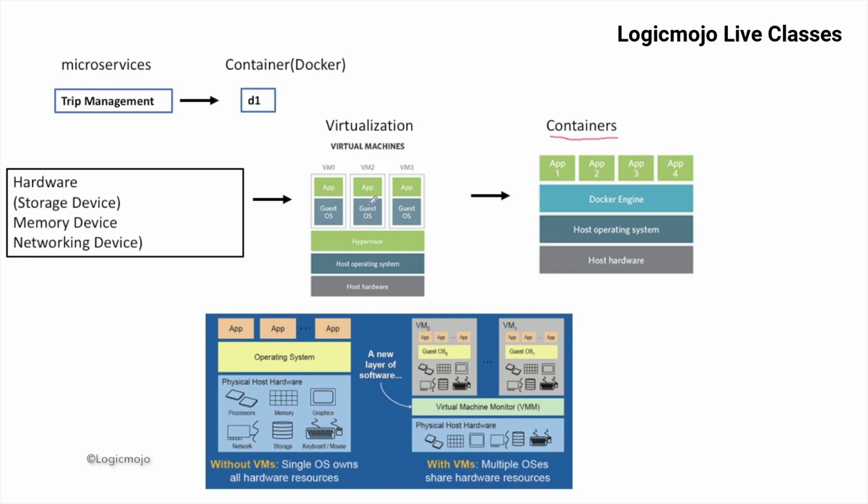Because each VM runs an OS, VMs can be larger and take longer to create than these small containers. Basically all these different containers share the same OS kernel. Only one instance of the OS can run multiple containers. So here you have different OSs, and here you have a single OS, on top of which multiple containers can run.